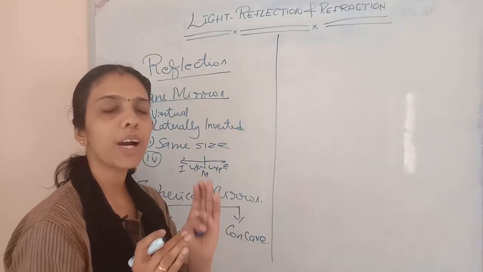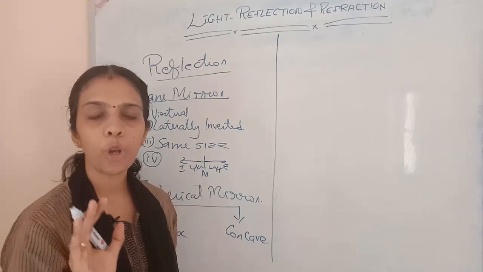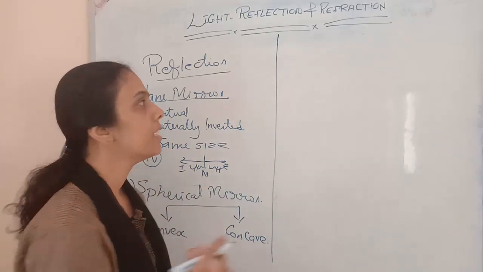In that, one side will be the reflecting surface and the other side will be the non-reflecting surface.